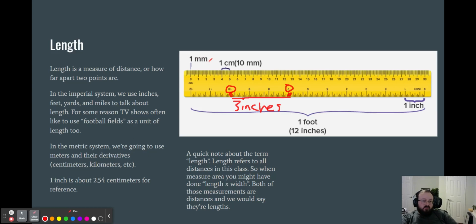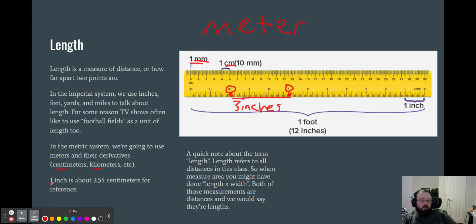It uses millimeters, centimeters, and meters, and then kilometers. We're going to talk about what all of those different prefixes, the centi, the kilo, the milli, what all that means in a little bit, but it's all based around the meter. That is our unit, the meter.